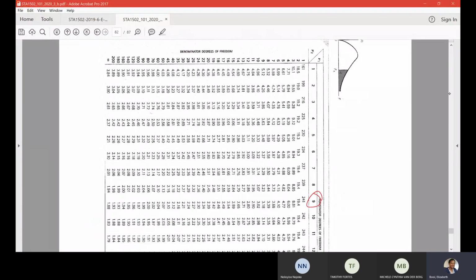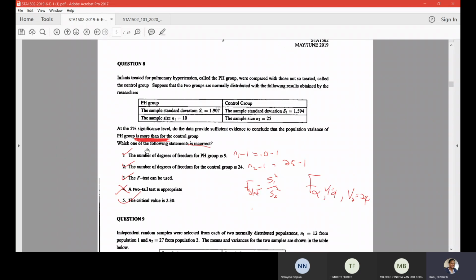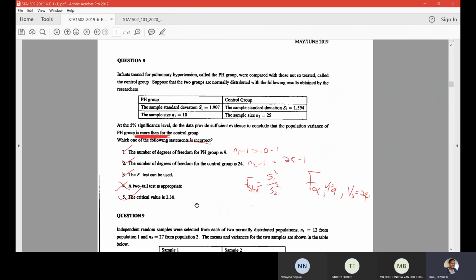You will go to the bottom and find the degrees of freedom for 24, where they meet. That will be your critical value. And that's how you find the critical values. Okay, so that is that.